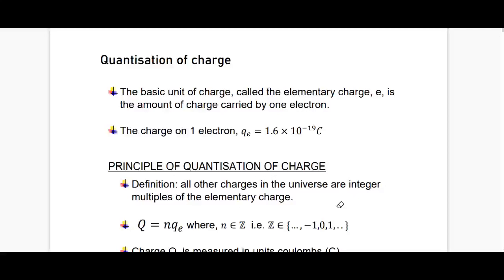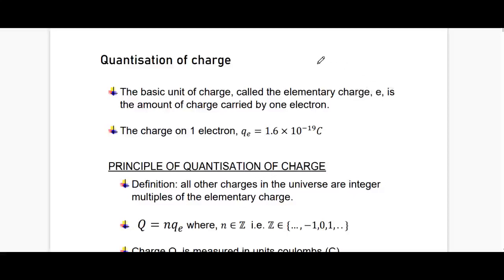Now this topic is under the quantization of charge. The basic unit of charge, called the elementary charge, e, is the amount of charge carried by one electron. Do not be confused when I say elementary charge e.